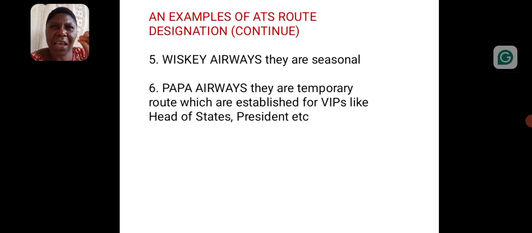Okay, so these are the different airways or routes in the air, just as we have different types of routes on the land, so likewise in the air. Now when a pilot is navigating from the northeast to the southwest using the Romeo route or Romeo airways, the pilot has to do what?